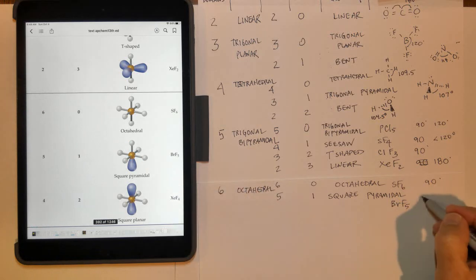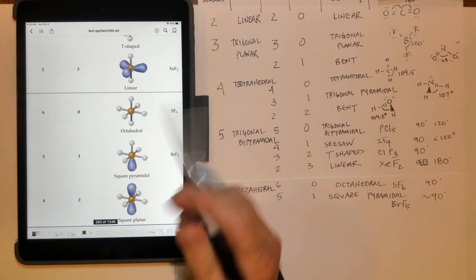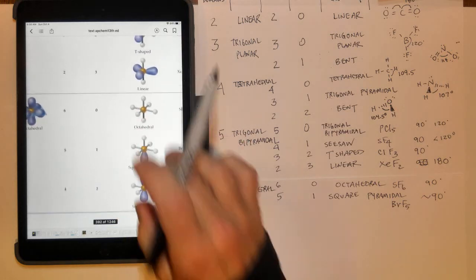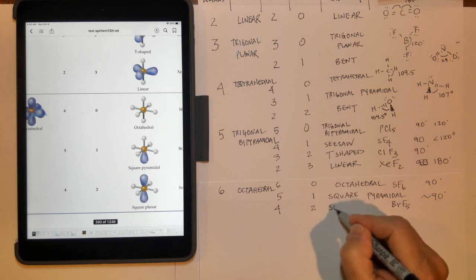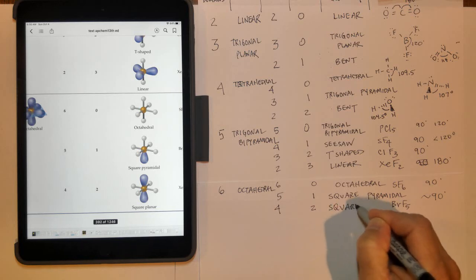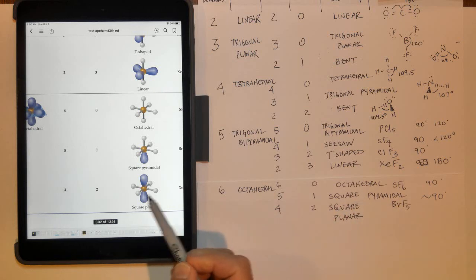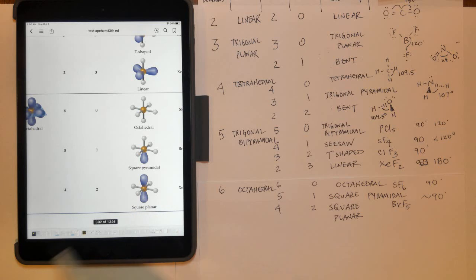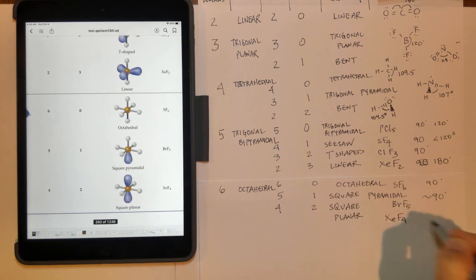We just say approximately 90 degrees because we don't become quite as concerned about it, although this is going to cause an uneven electron distribution throughout this molecule. Keep that in mind for next time. And then we've got 4 bonded, 2 non-bonded, and this one's called square planar, because if you notice, all the bonded electron domains are in the same plane right there. The example of that is XeF4, with 90 degree bond angles for that guy.